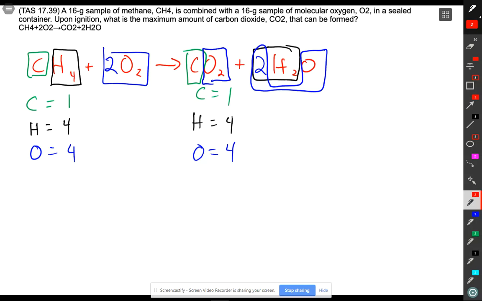Now our cars don't burn methane. They burn longer chains of carbon and hydrogen. We call those hydrocarbons. But that's basically what's going on with your car when you're burning gasoline. You're basically producing carbon dioxide and water. You ever notice water dripping out of the tailpipes of the car?